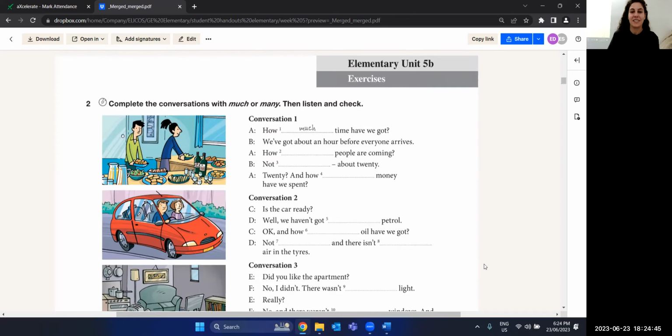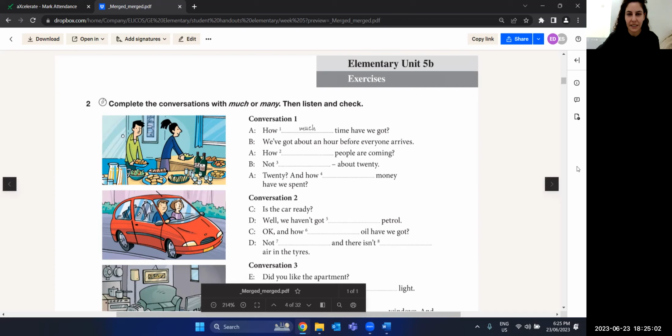Good. Not many, about 20. Did you say how many people are coming? So not many. Is that right? About 20.